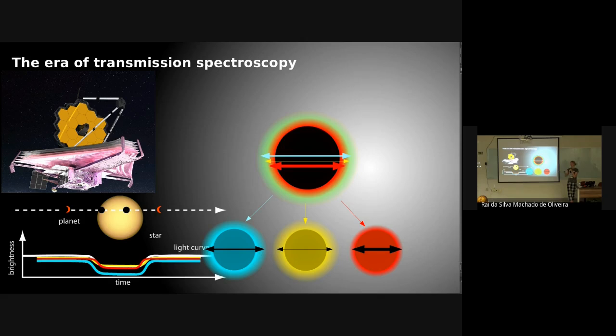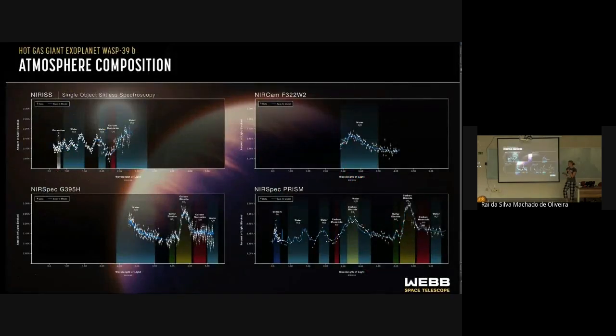And for each wavelength, we can now take this planet apart into different light lines, and then material in the atmosphere will block more or less light in each different spectral band, and we get a slightly different signal for every single wavelength. This is the transmission spectroscopy that we can now do with James Webb.